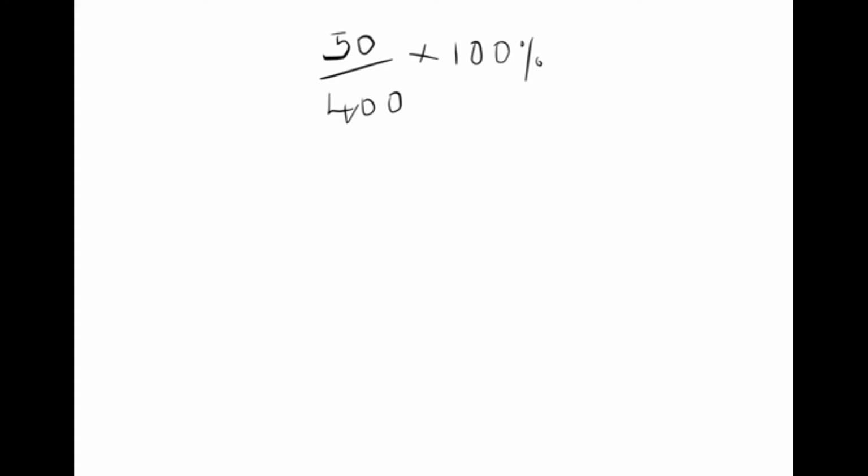From there, we simplify this 0, we'll cancel this 0. Then we can simplify 4 divided by 2, 2. 50 divided by 2 to give us 25. We shall have 25 over 2, or 25 divided by 2.